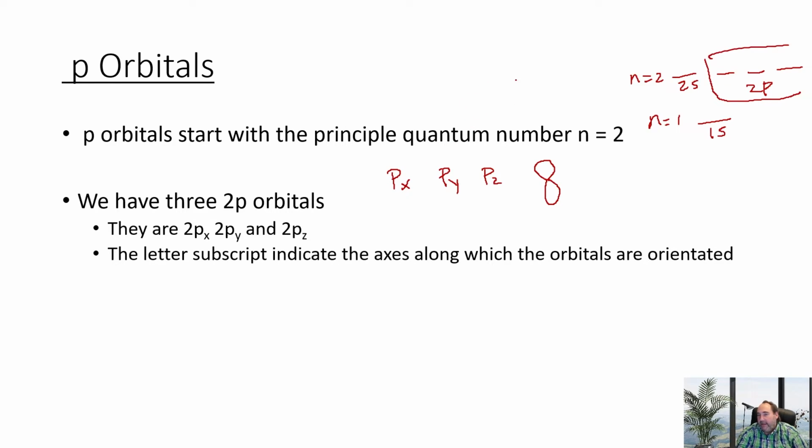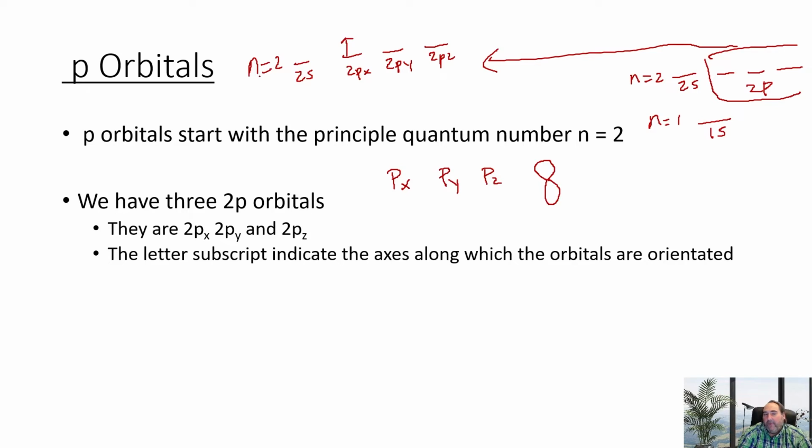So if we take this entire thing out over here on that n equals 2 level, we have our 2s and 1, 2, and 3. Each of these lines will represent a different 2p orbital. That's the 2px, 2py, 2pz orbital. Each one could hold a maximum of 2 electrons. So individually, the x, y, and z, which as we will see, let's just take a look at it here.